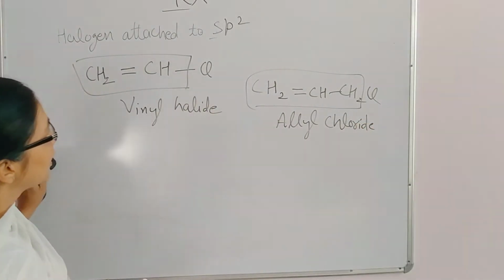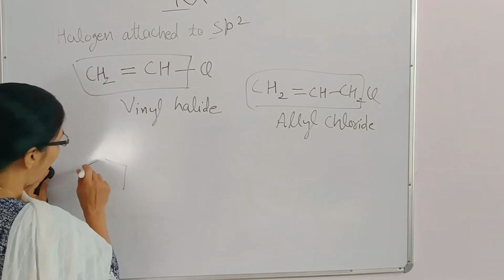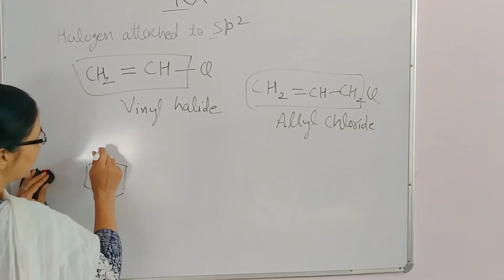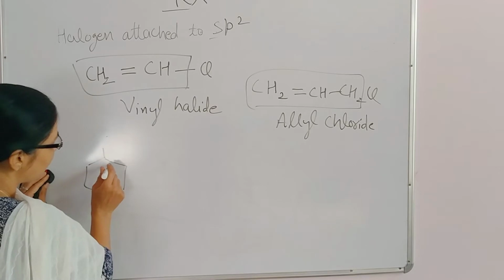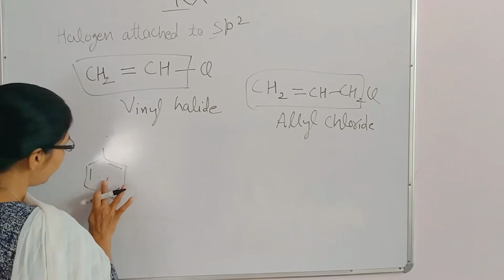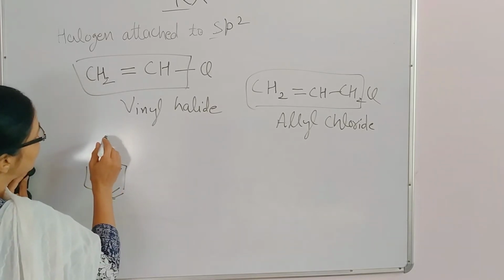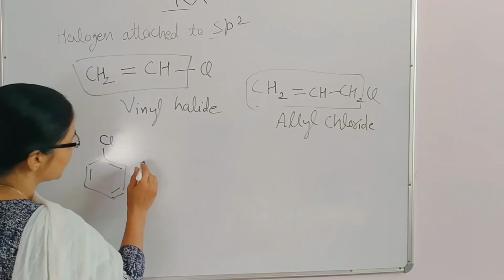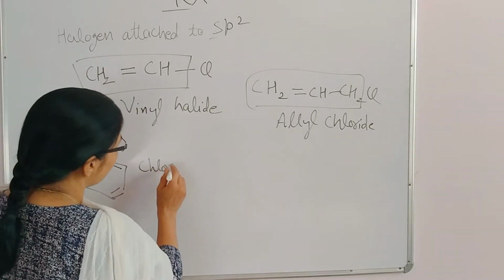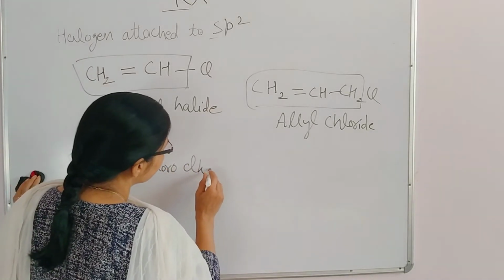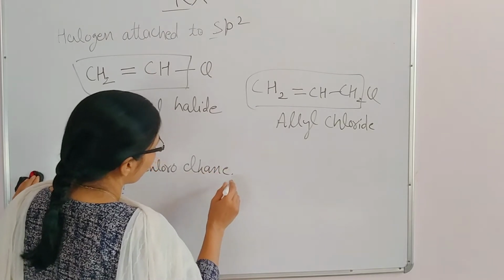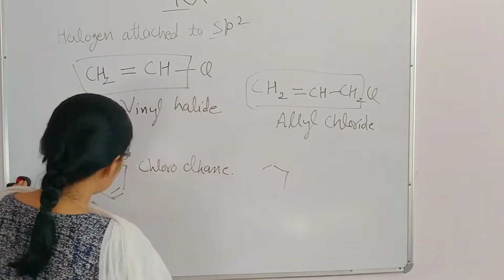Now, next aromatic, but here also sp2 hybridized carbon atom. Then directly halogen is attached. It is known as aryl halide.